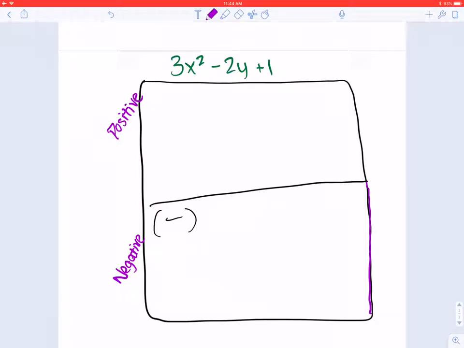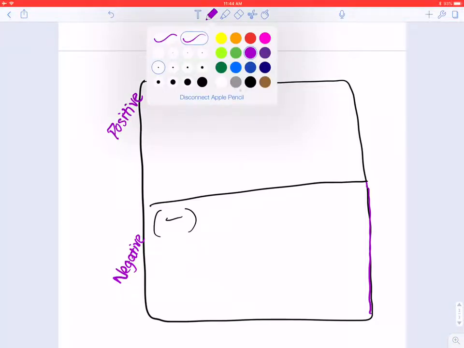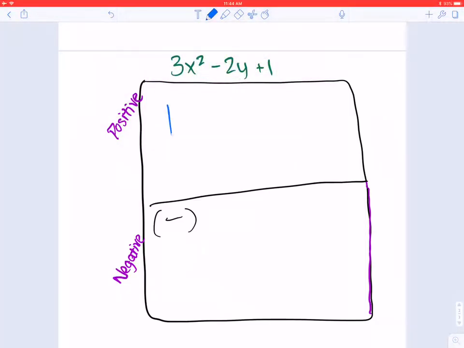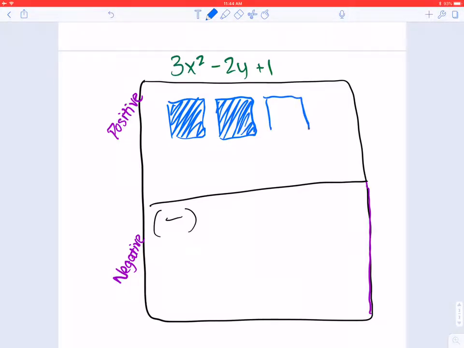All right, so we have our x squareds. We have 3x squared tiles. So here's our 3x squared tiles. And then we have 2 negative y tiles, but I'm going to color them purple because I'm going to put them in the negative zone.